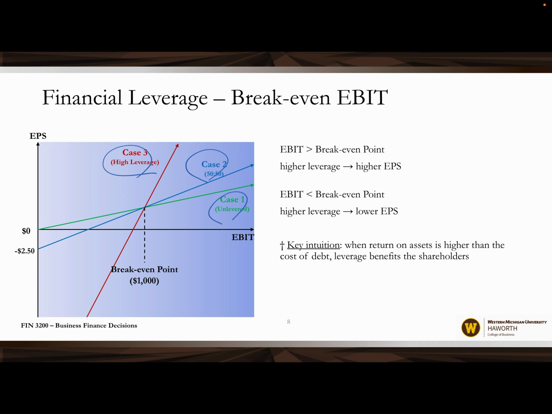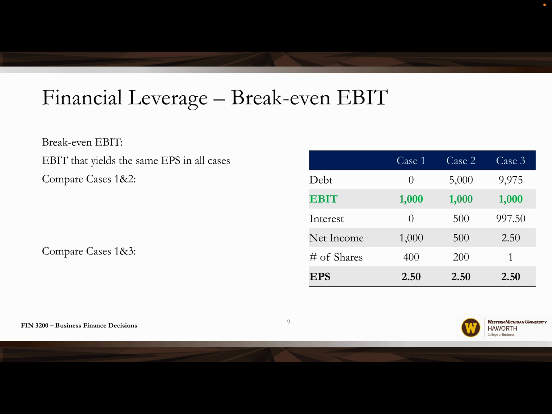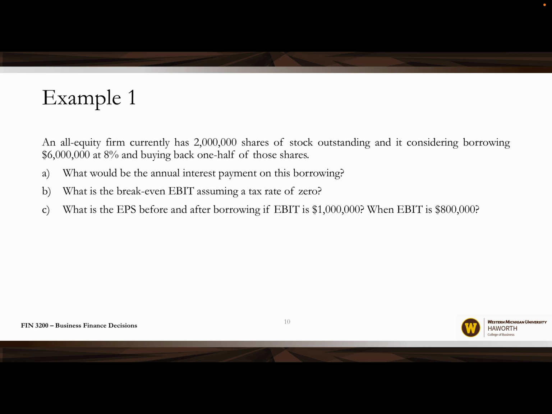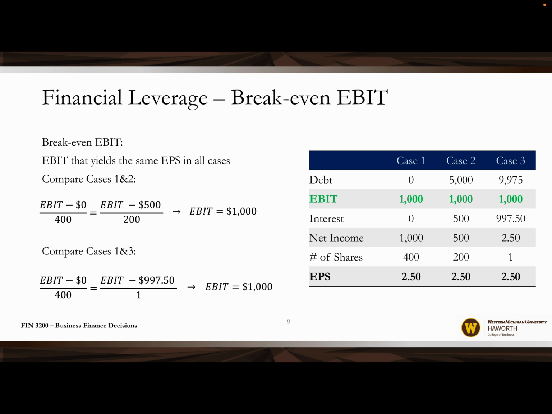The EPS varies a lot in the high levered case, right? You'll see if you're interested. For the exam you don't need to know. And example 1 you don't need to know. We're not doing the break-even EBIT, so no need to know.